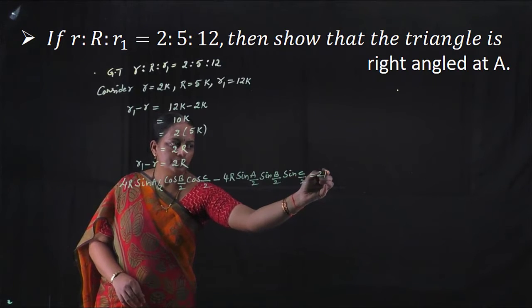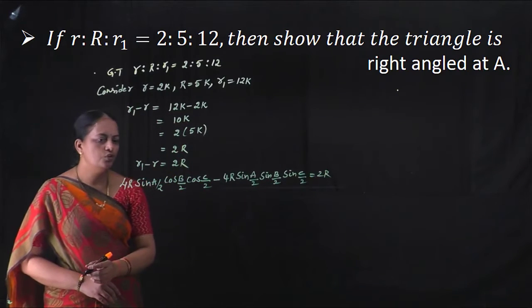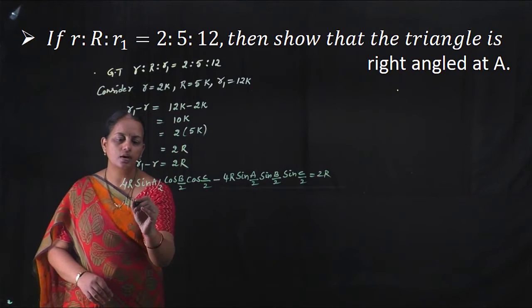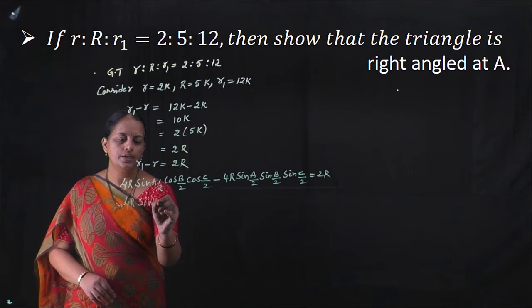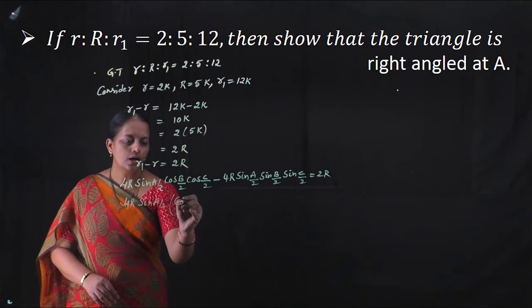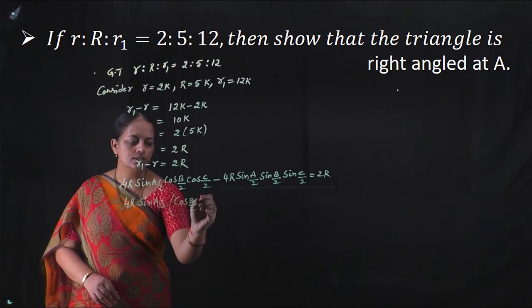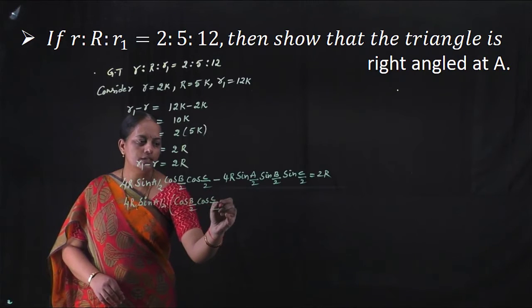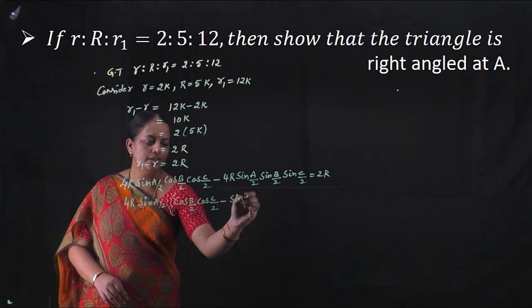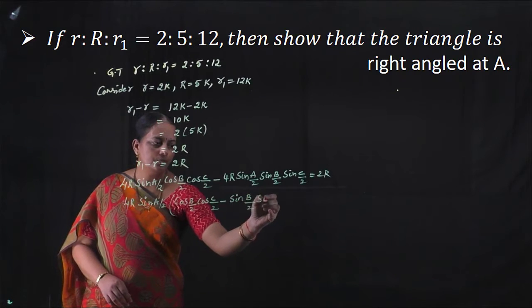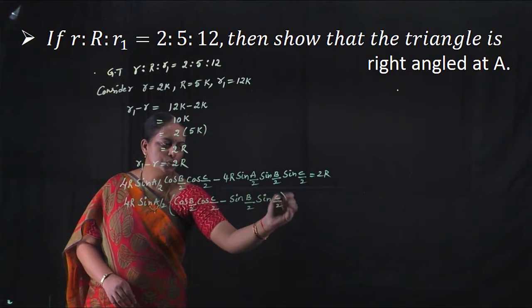From these two terms, we can take 4R sin A by 2 as common. So, 4R sin A by 2 into cos B by 2 cos C by 2 minus sin B by 2 sin C by 2 is equal to 2R.